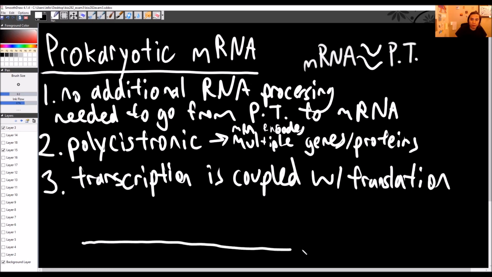And the model for prokaryotic mRNA probably looks something like this. You would have your DNA, and then your RNA would be transcribed at multiple locations because it is polycistronic. And then because they're coupled, you would probably see little ribosomes hanging off, and they're also producing their own thing. So this would be a crude model of prokaryotic mRNA.